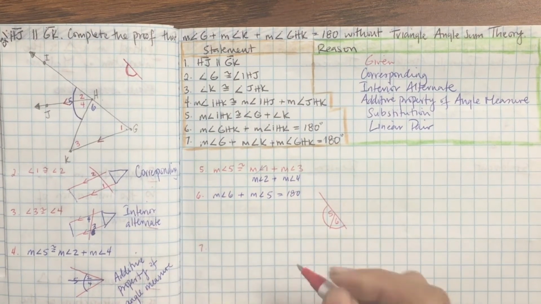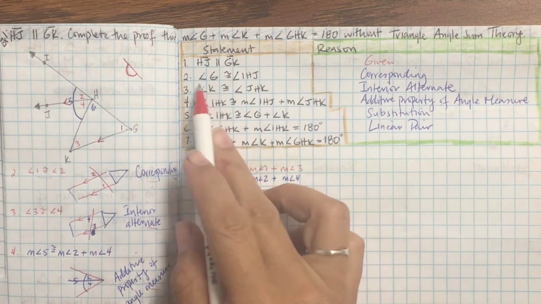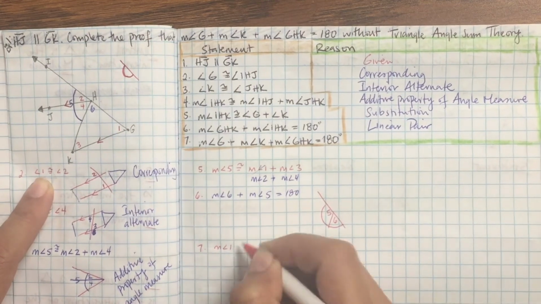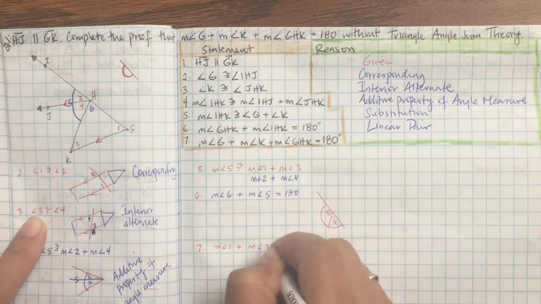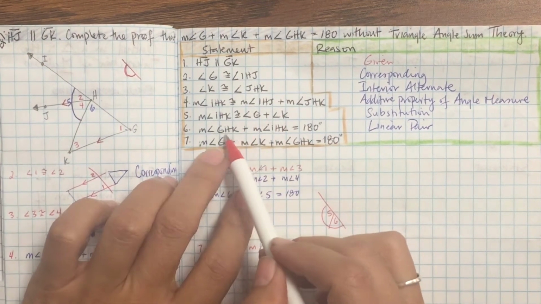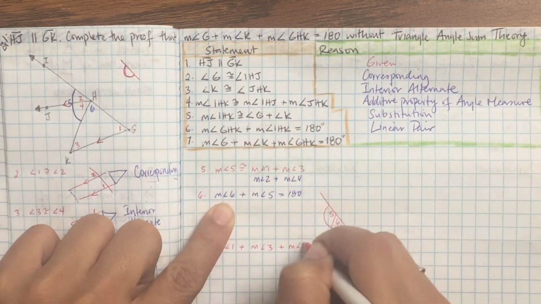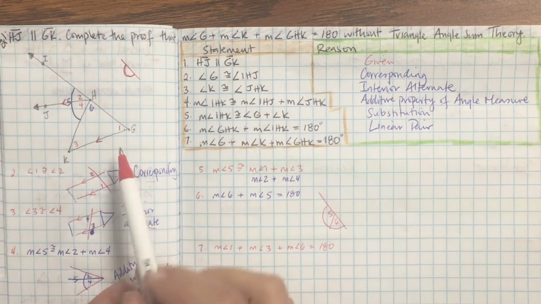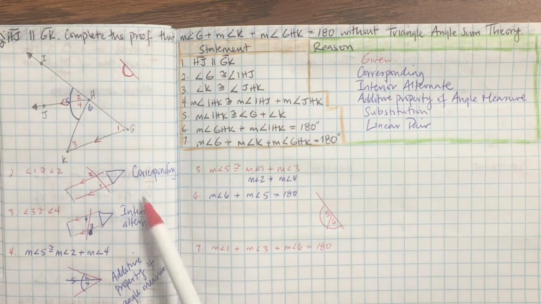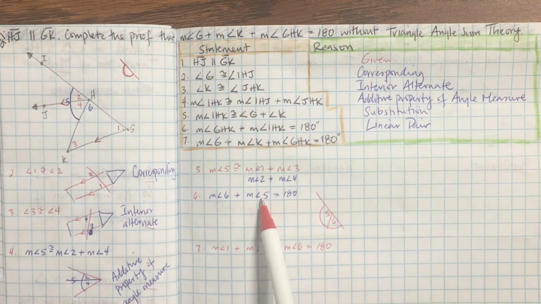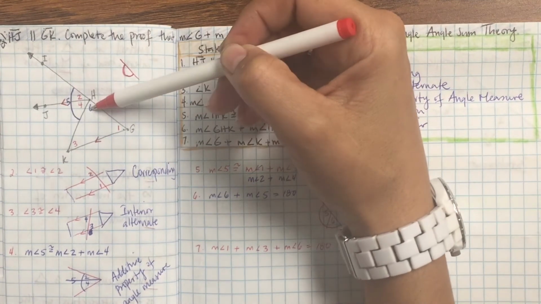And then finally, measure of G, and G is from number 2, angle 1, plus angle 3, plus GHK, which is the one right above, angle 6, equals 180. How can I say that? Well, because I just proved that angle 5 was angle 2 and 4 together.